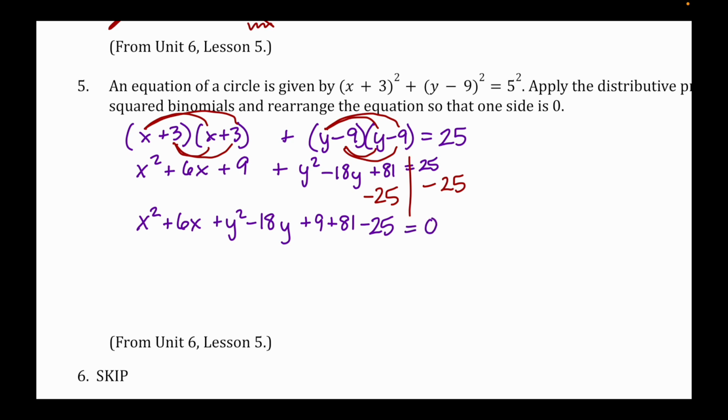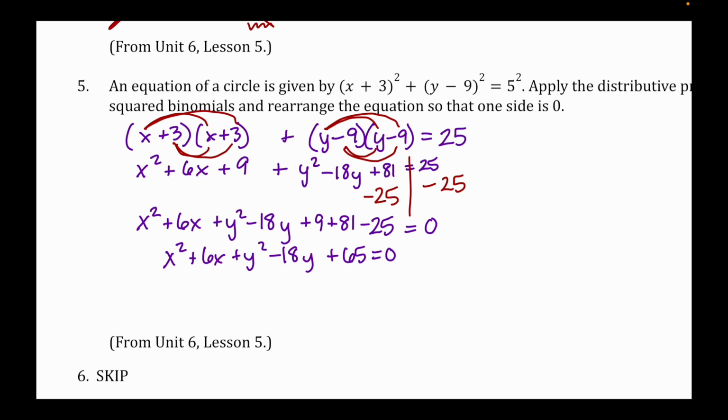That way, all of my numbers there, I can now just use a calculator and combine all of them. I always like to check myself on arithmetic, so no shame in using a calculator. 9 plus 81, that's going to give us 90, and 90 minus 25 is going to give us 65. So we would have x squared plus 6x plus y squared minus 18y plus 65 equals 0.